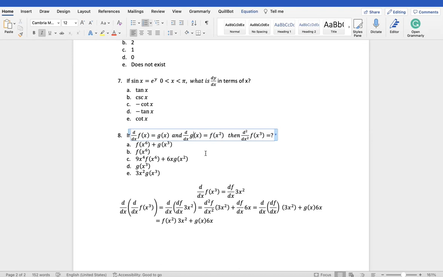So if g of x was a function in x cubed, then f of x would have to be some function in x to the 4, right? I'm not sure if that makes sense. Are you guys following? Just give me a thumbs up or something.